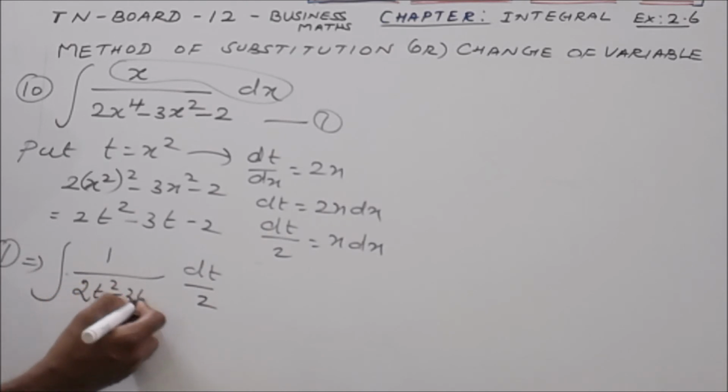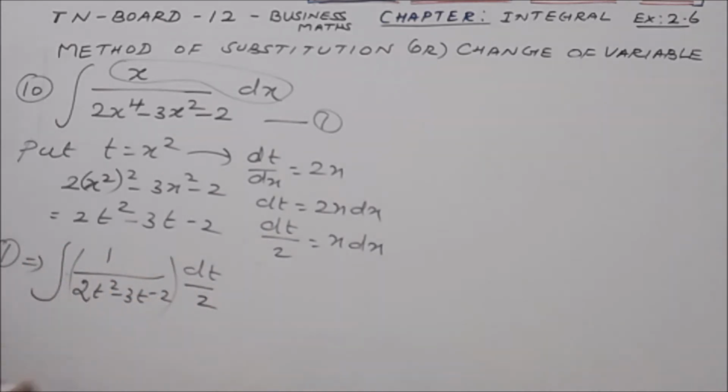Now integrating this, we need the integration of 1 by 2t square minus 3t minus 2.